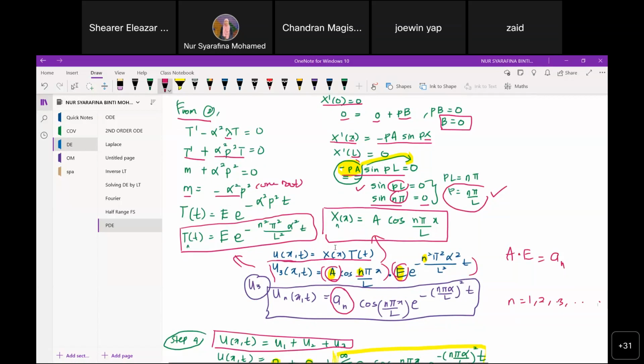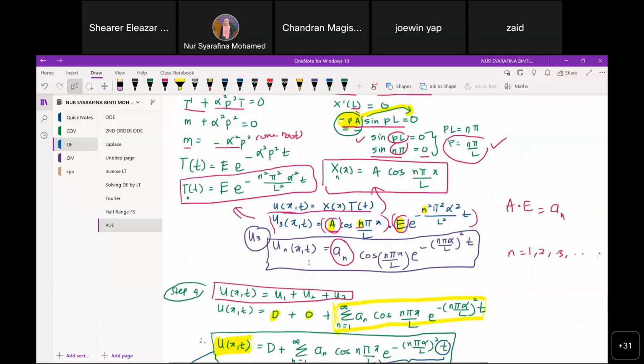So that's why in our fourth step where we combine, now we want to have our u(x,t) by superposition principle. We just combine all solutions from case 1, case 2 and case 3 to get our u. So case 1, u equals to d.